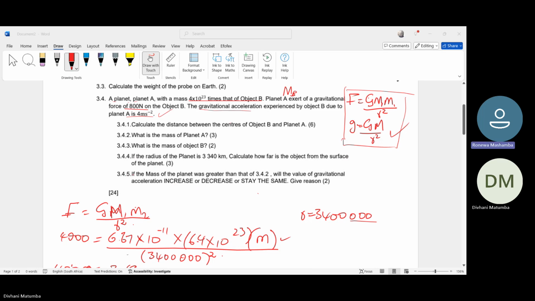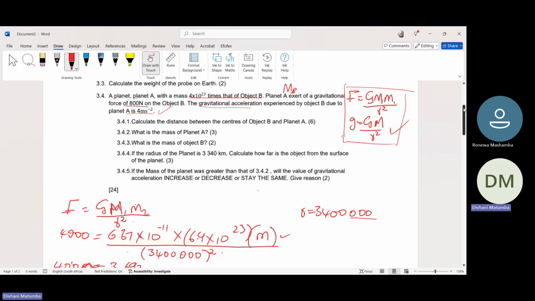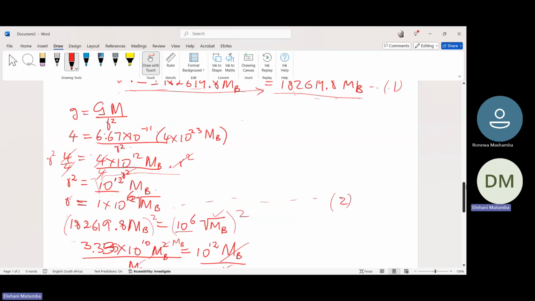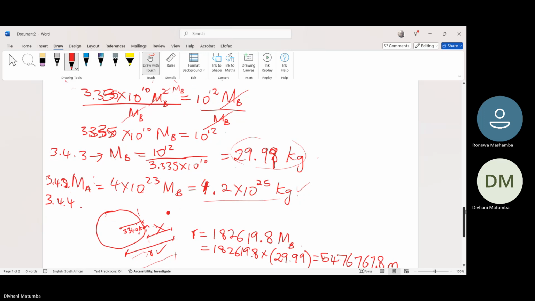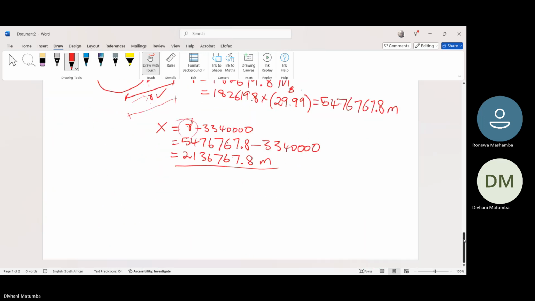So I'm guessing it will decrease. Why is it going to decrease? Why do you think it's going to decrease the gravitational acceleration?